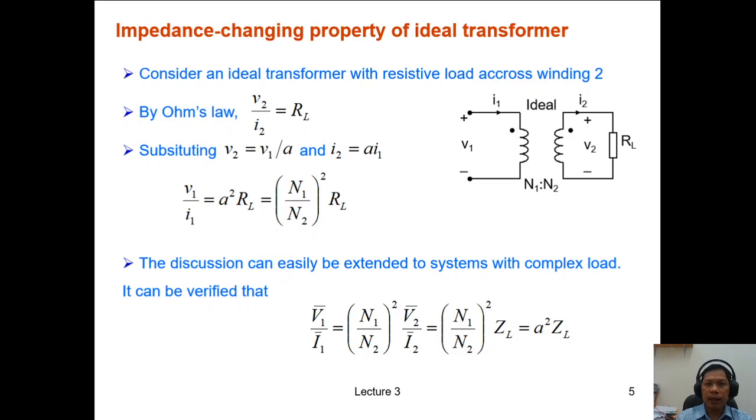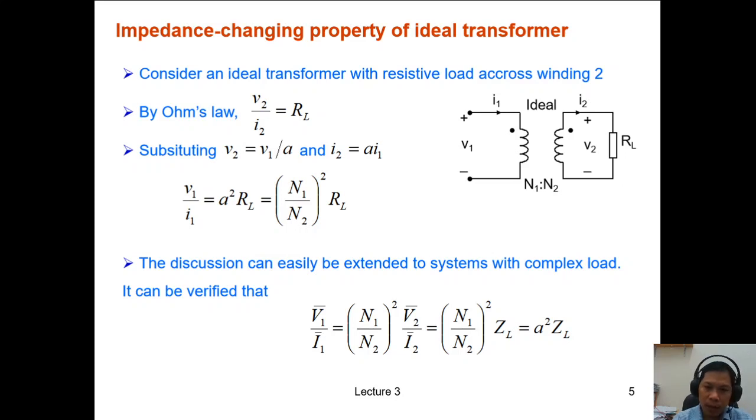So we say the load RL on coil 2 is being referred, or converted, into a squared RL on coil 1.